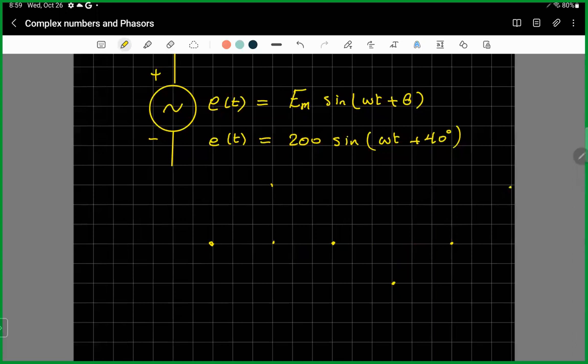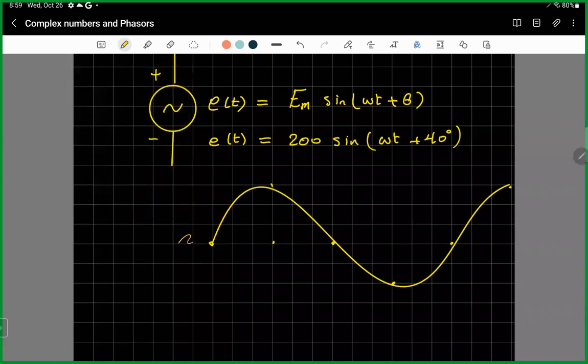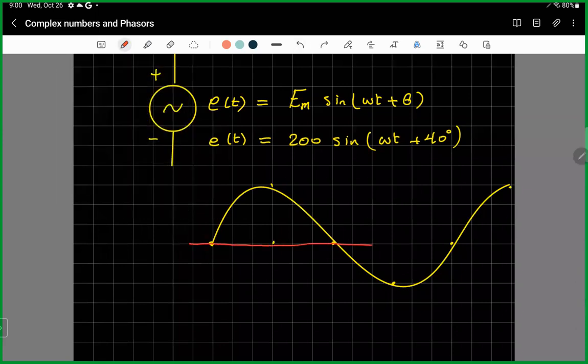Now, that's a sine wave. Well, it's advanced by 40 degrees.